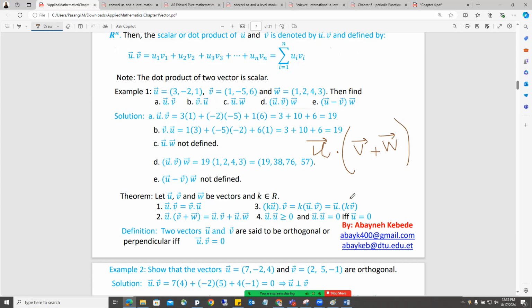So how do we solve this one? First, we need to take the v plus w vector and then take the dot product with u.